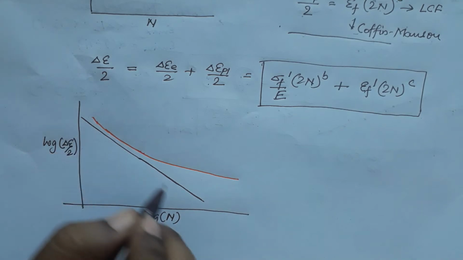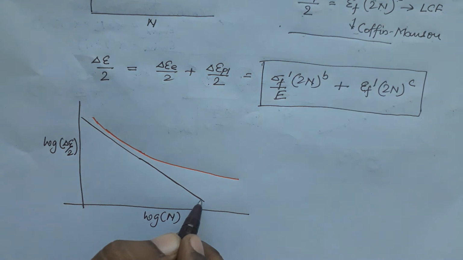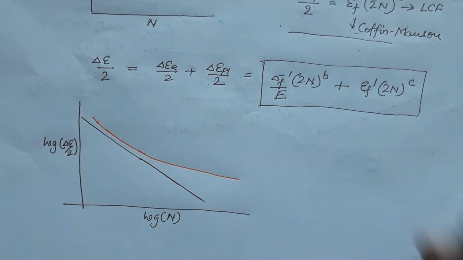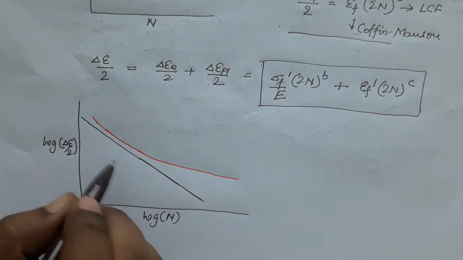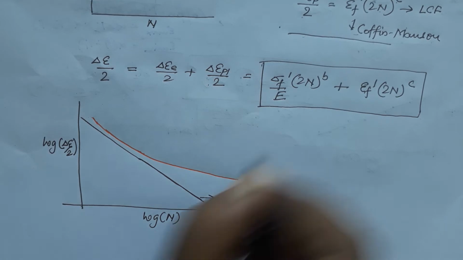So, the slope of this curve will be c, because we are plotting log log, and the intercept will be log epsilon f dash. So, this is my plastic curve or plastic strain part.